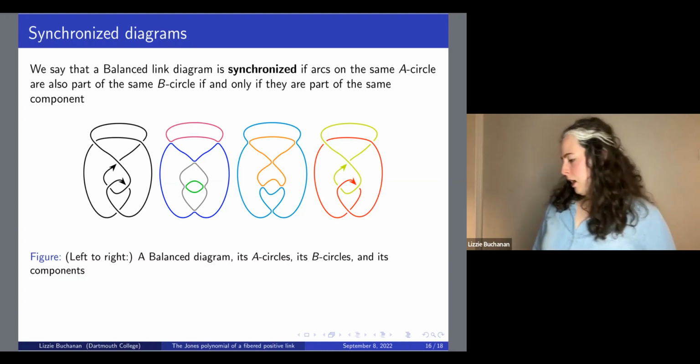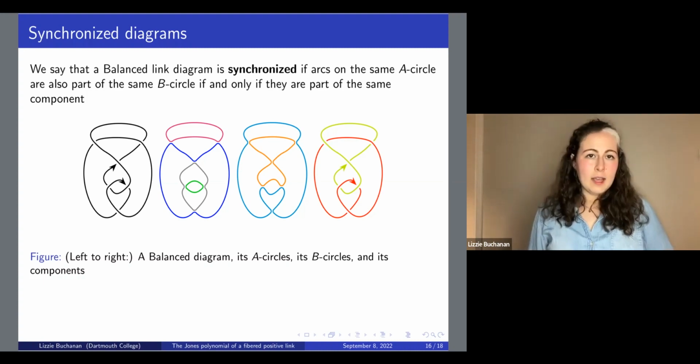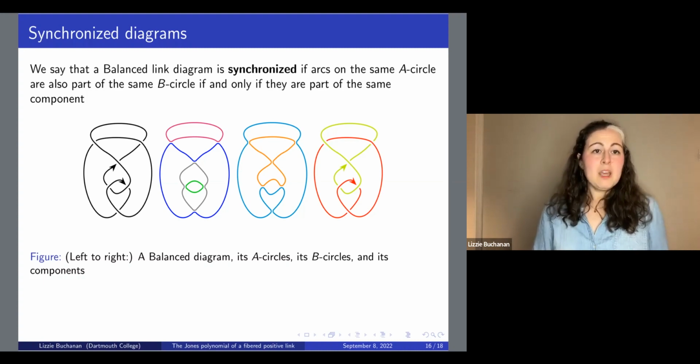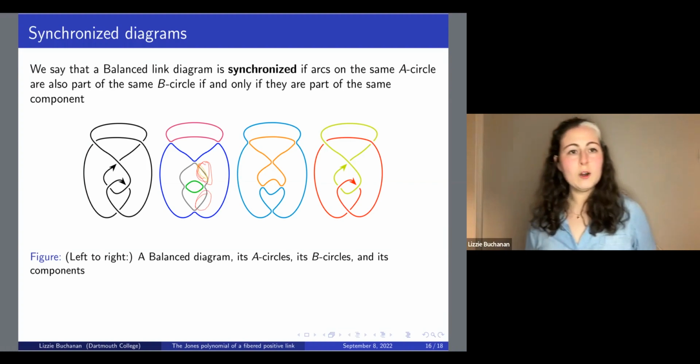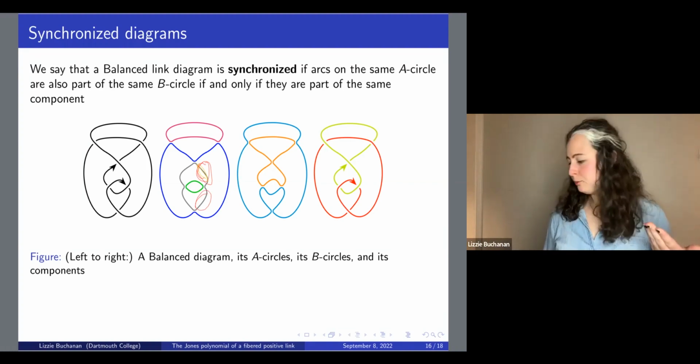And so here is a picture of a balanced diagram that we've seen before. And also, if you look closely, you can see that this is synchronized. So if I look at this pair of arcs on the same A circle, so let's use a different color, red, these two arcs are both part of the gray A circle.